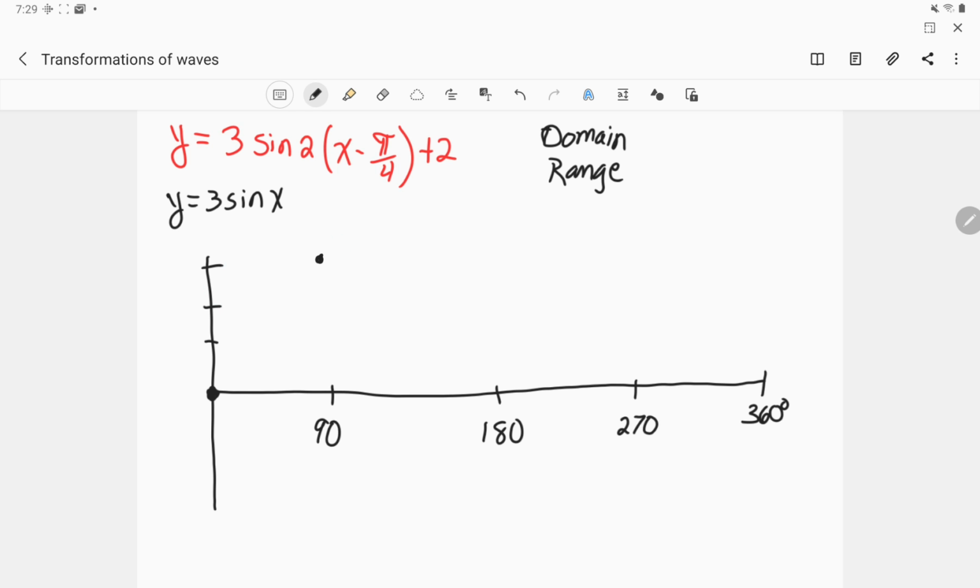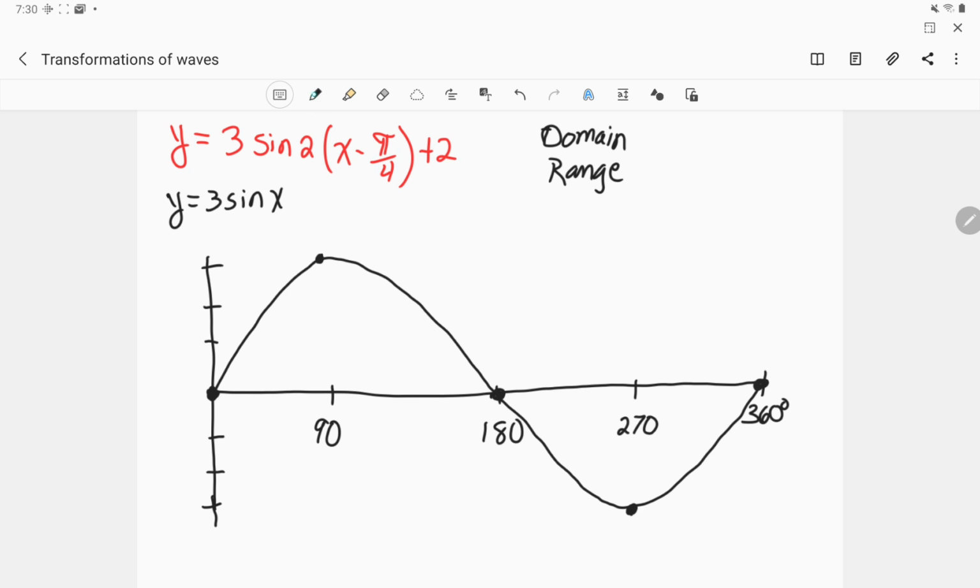So right here. Sine of 180 is 0, and 0 times 3 is still 0. Sine of 270 is negative 1, but we're going to multiply it by 3, so it's negative 1, negative 2, negative 3. So it's like down here. And sine of 360 is 0, and 0 times 3 is 0. So we have a sine wave with an amplitude of 3.